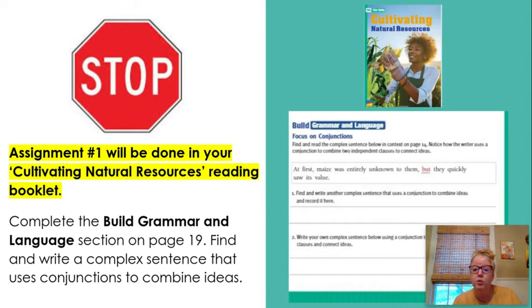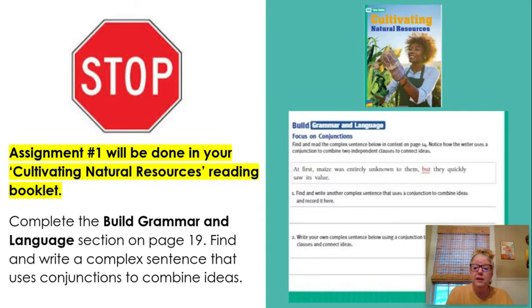Notice how the writer uses a conjunction to combine two independent clauses to connect ideas. So here's a sentence. At first, maize was entirely unknown to them, but they quickly saw its value. So the coordinating conjunction is the word but, and our independent clauses are, at first, maize was entirely unknown to them, and they quickly saw its value.